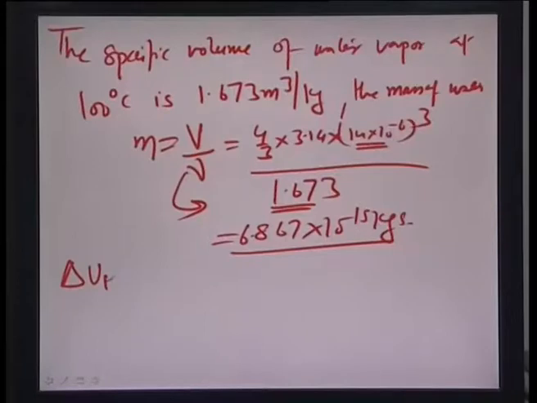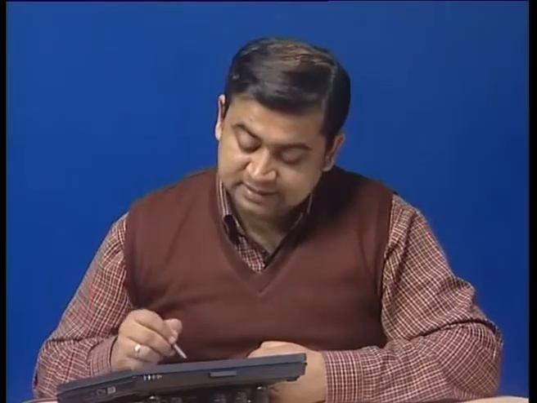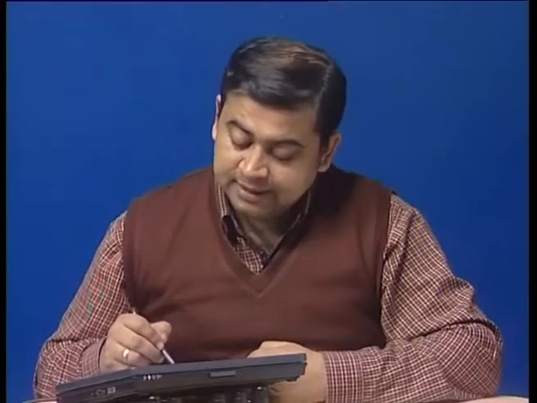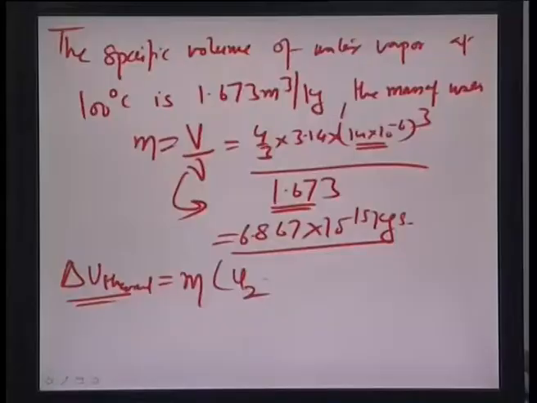We know that delta U thermal, the amount of internal energy that needs to be supplied for converting a water sample from 25 degrees Celsius all the way to about 100 degrees Celsius, is given as the mass that needs to be converted in kg, multiplied by the internal energy at 100 degrees minus the internal energy at 25 degrees Celsius.